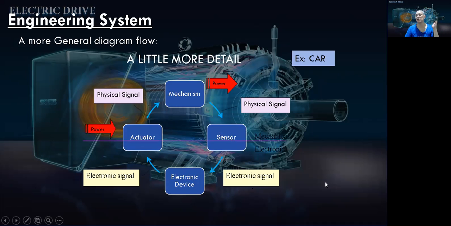If you look at a bigger system like this, let's say it's a car, a combustion engine or electric vehicle. The mechanism is to drive the shaft, the wheels, and the speed of the wheel, the speed of the car, will be sensed with some kind of sensing mechanism and fed back to the electronic device in the car.